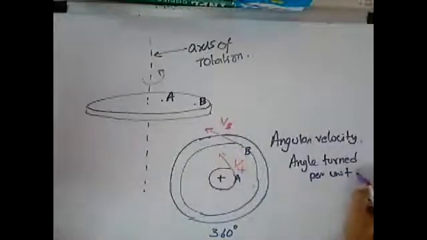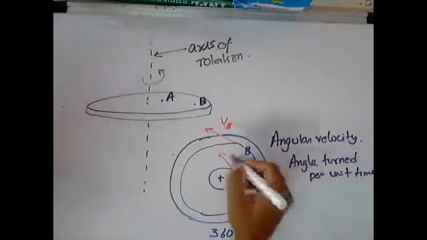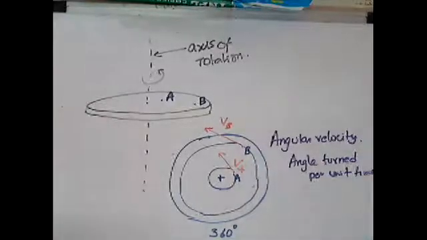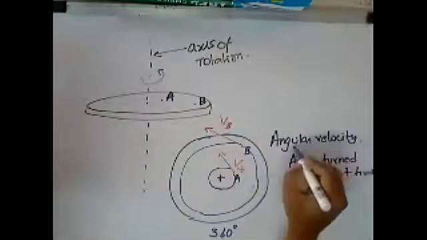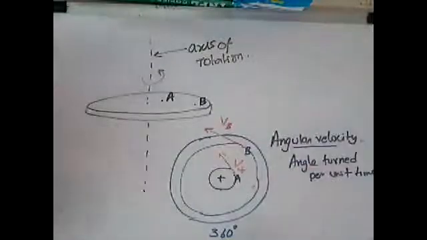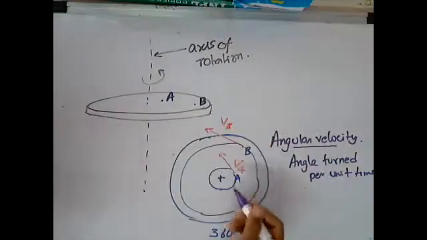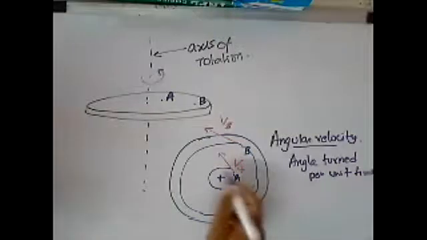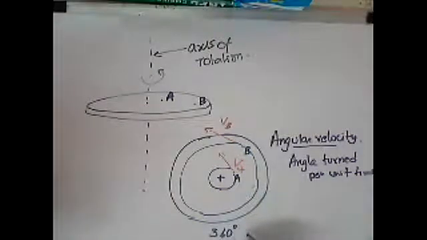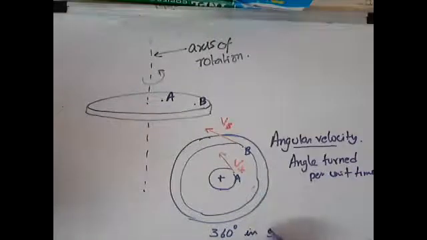And then we realize that both objects A and B will obviously have the same angular velocity, because let's say that it did a 360-degree turn in 5 seconds.